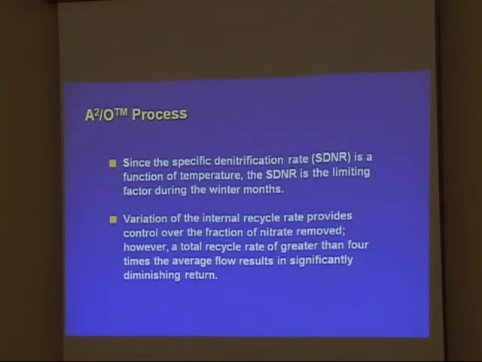When they first started designing these plants, I actually saw one plant that could internally recycle 6 times the flow, but it was overkill, and you never get to that point on a lot of these plants. It just doesn't do it. So they're now finding that less than 4 times your flow coming in is the norm.